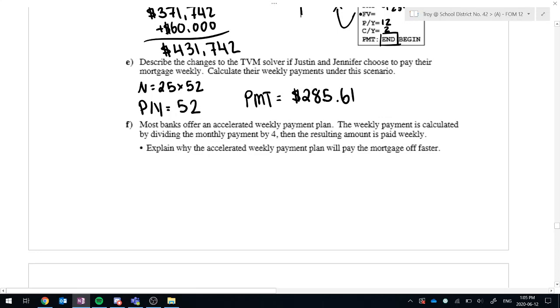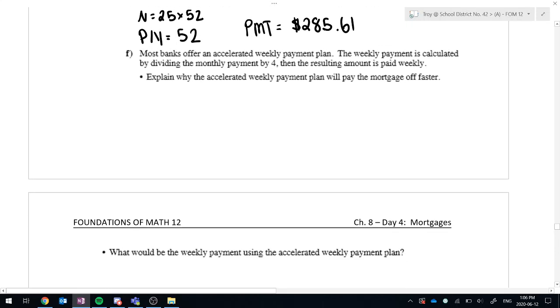Explain why the accelerated weekly payment plan will pay the mortgage off faster. All right, well, that's what we just talked about, right? The accelerated weekly plan will pay it off faster because you'll end up paying less interest in that situation.